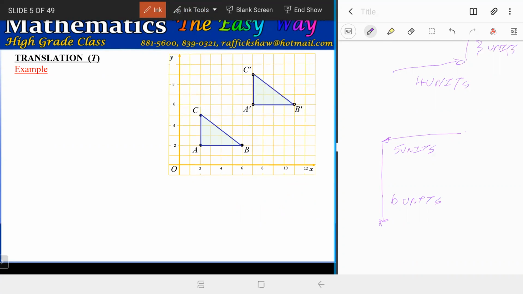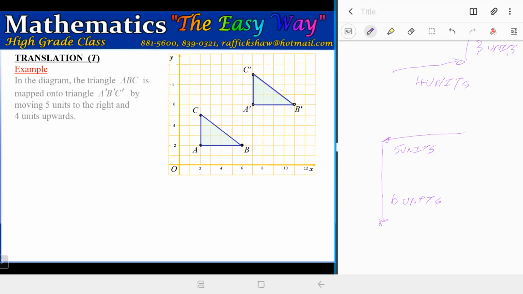All right, so let's look at what the slide is saying. In the diagram, triangle ABC is mapped onto A prime, B prime, C prime by moving 5 units to the right, 4 units upwards. And I say you don't focus on the entire object. Use 1 point. Look at what happened to 1 point. B, as we said, moved 5 units to the right, 4 units upwards.